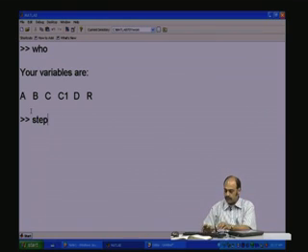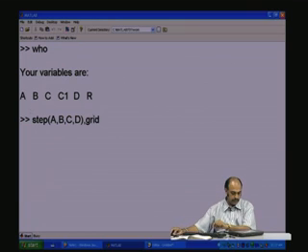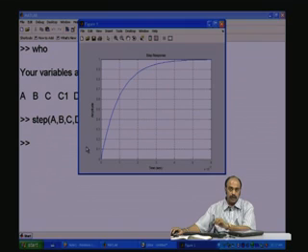So, to that we give the step function. I will input A, B, C, D matrices. This is the model, and let me also plot the grid. So, now on giving this to the MATLAB, it is supposed to execute and give you the output waveform.